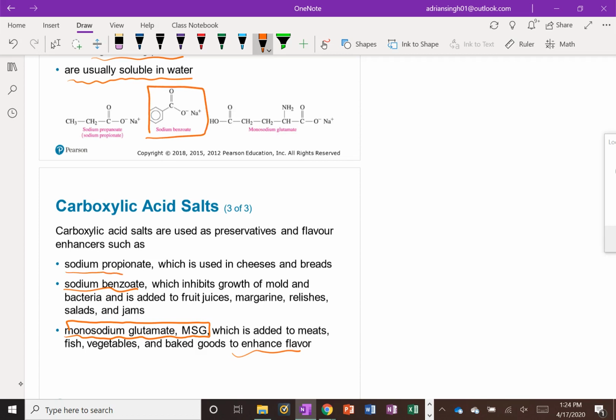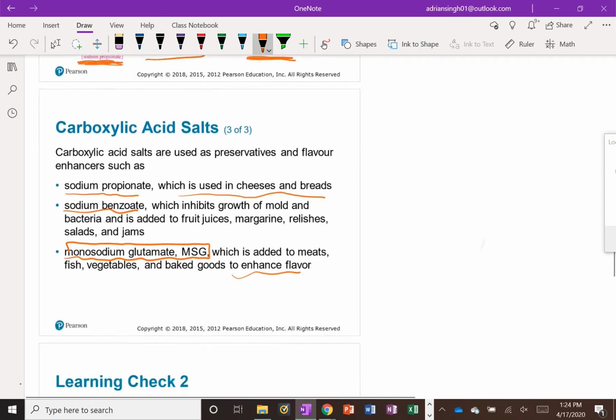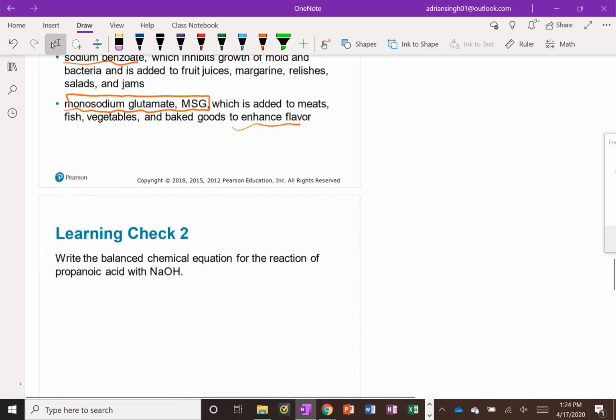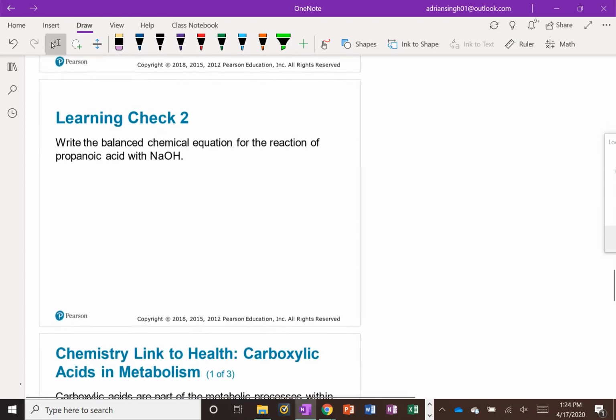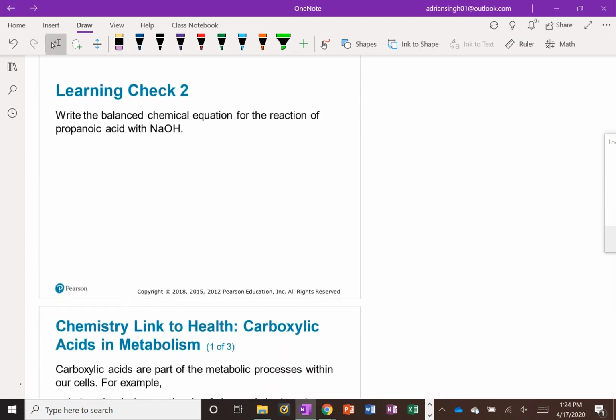And then sodium propionate or sodium propanoate is also used to enhance the shelf life of cheeses and different types of breads. So when you look on the ingredient list on lots of things that you eat and drink, you'll actually see several of these names that sound similar to these. Those are usually used as flavor enhancers, or to enhance the shelf life of different food products.